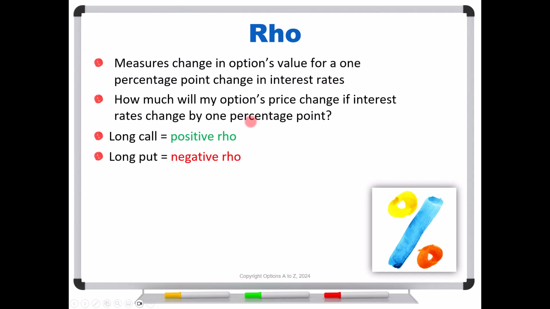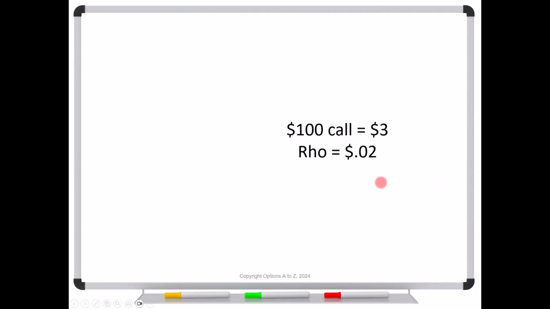So how should you interpret rho? Well, we're back on our broker's platform. We're looking at the quotes. We see the $100 call trading for 3, and we see that it has a rho of 0.02. So if the risk-free rate, let's say, is 5%, and rates instantly rise, remember, we're not talking about a long period of time. This is an instantaneous rate of change.